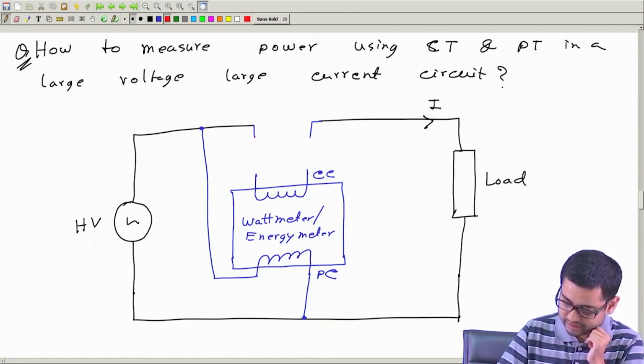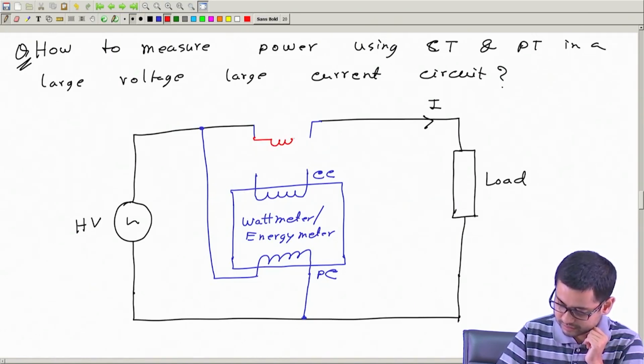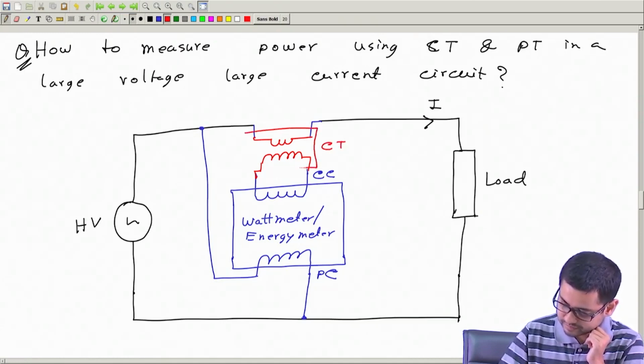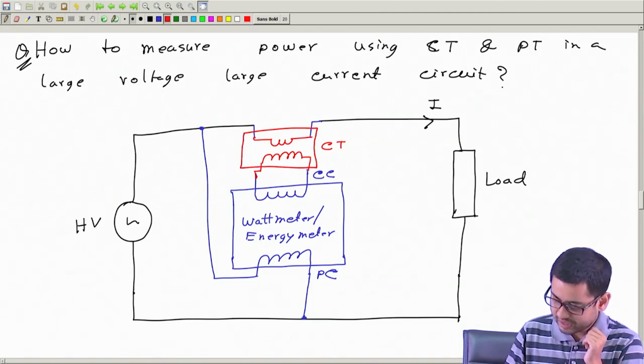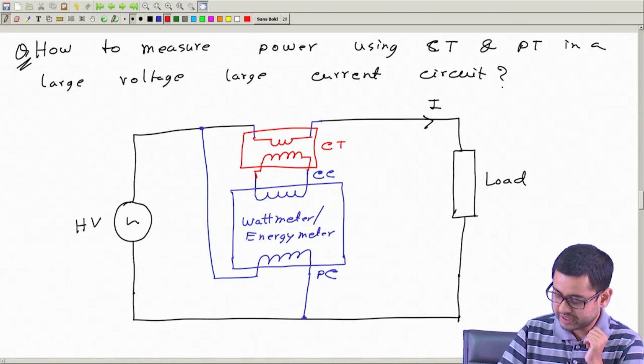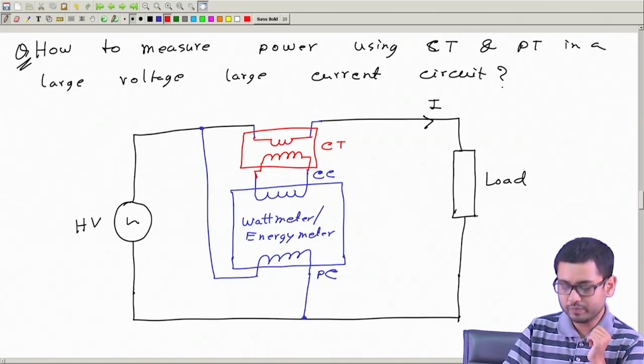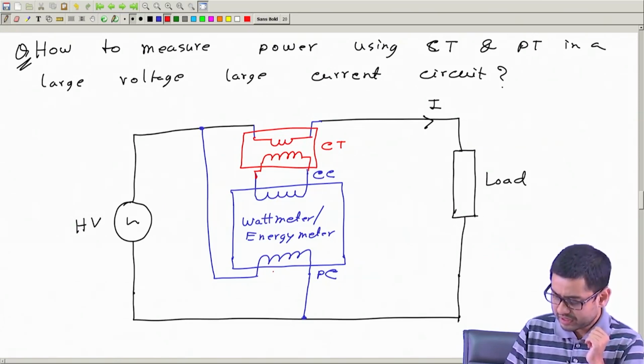So let us put a current transformer. So this is CT, and therefore this current that flows here will be stepped down to a low value, and we can connect it to the wattmeter.